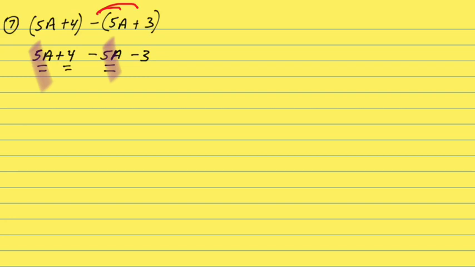Now if you have 4 and a negative 3, I think those are going to add or combine to give you a 1. Are there any questions on 7? So the answer for 7 on add subtract is 1.